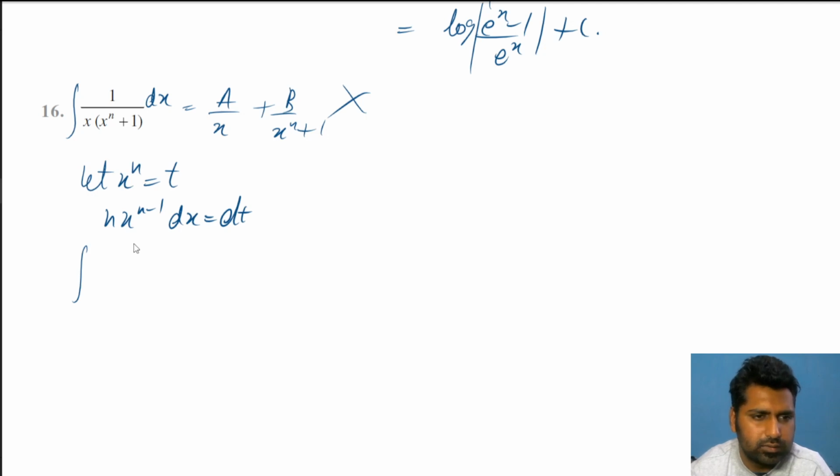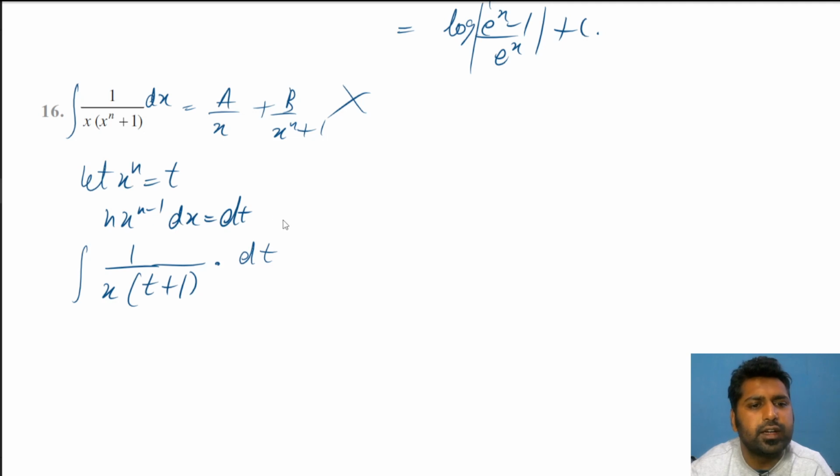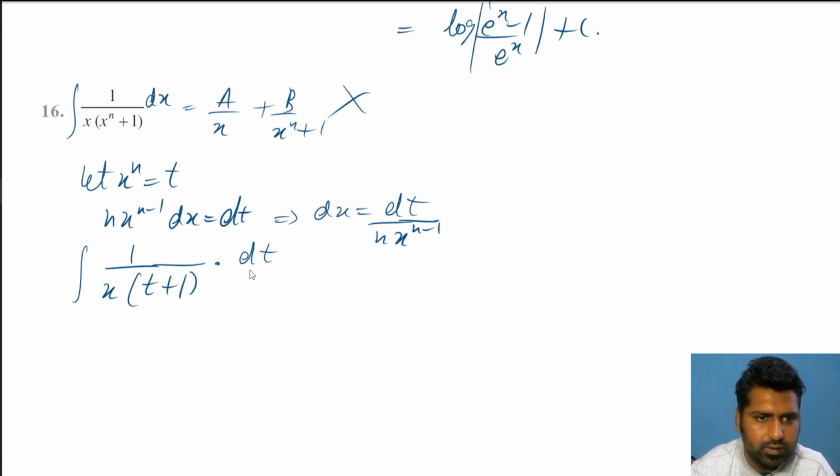We'll force it. Okay, so 1 upon x raised to power n is t plus 1, dx is dt upon, if I generate dx from here, I get dx is dt upon n x raised to power n minus 1.